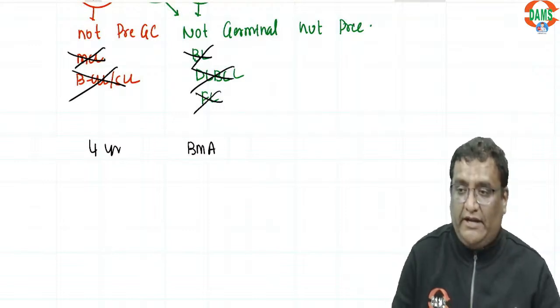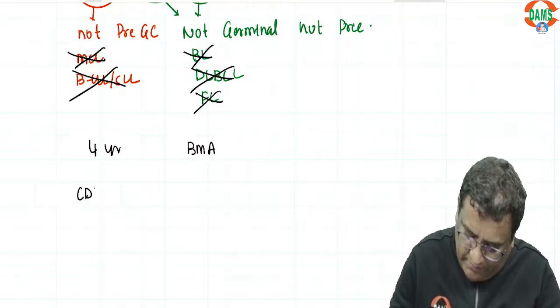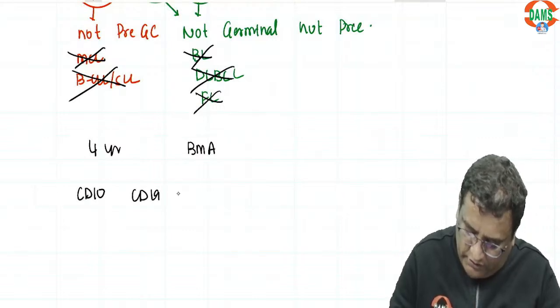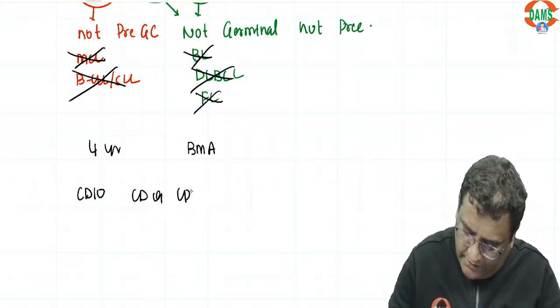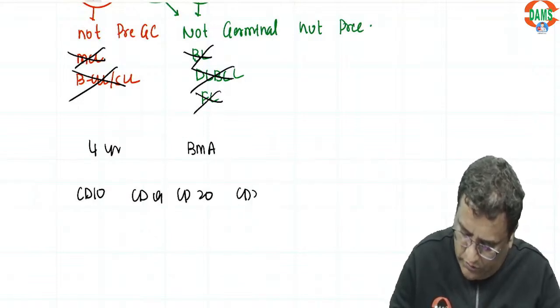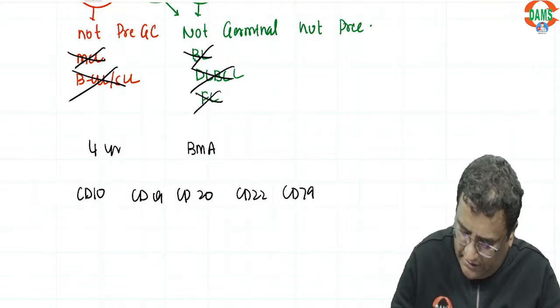So, of course, I am suspecting one leukemia now. Markers are CD10 positive, 19, 20, 22, 79A, TDT.